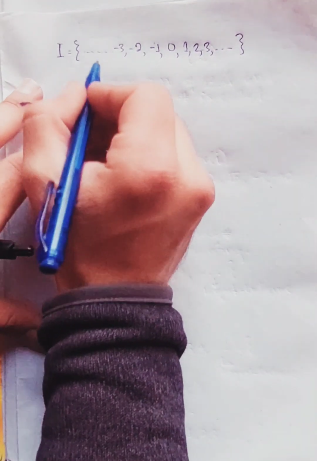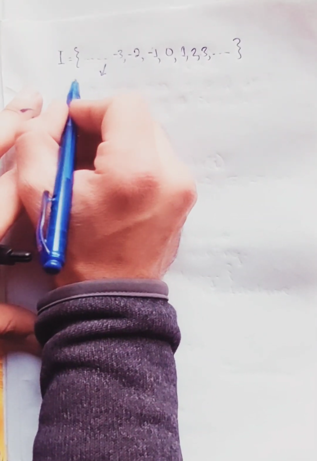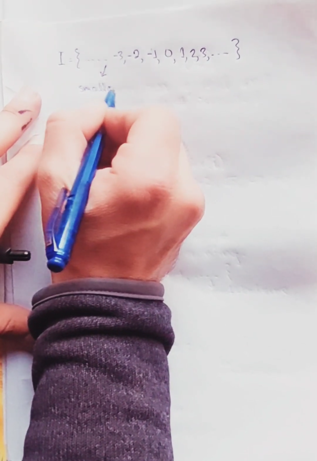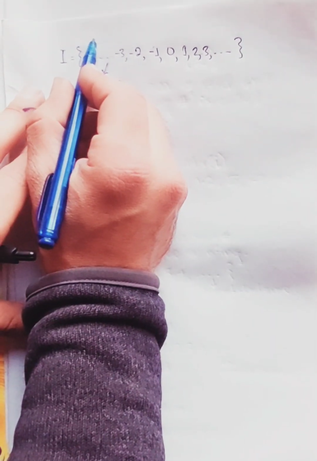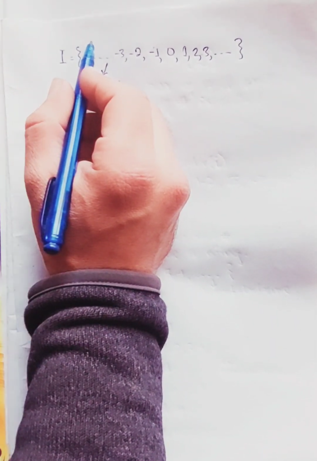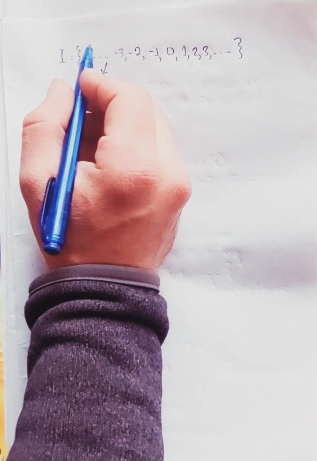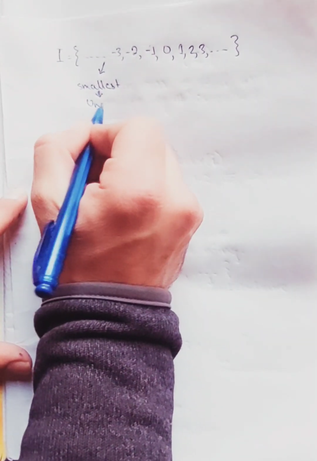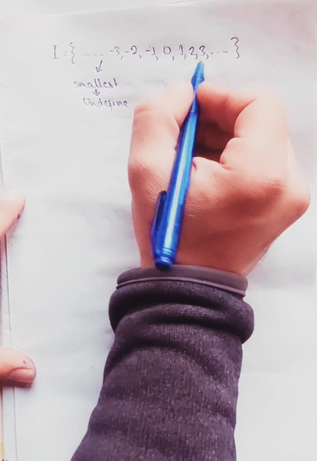So if someone asks you what is the smallest integer, so this is undefined. Someone says -9, so this is not the smallest. We also have a smaller number than this, that is minus 9,983 etc. So this is undefined. We cannot say that this number is the smallest integer.